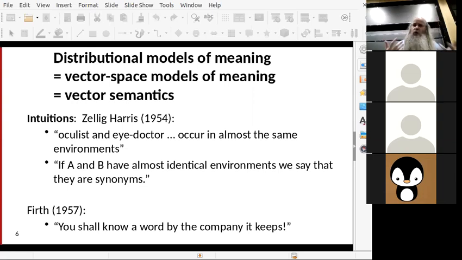So we are going to consider a word's meaning built upon looking at the context that that word actually appears in, and then trying to measure whether these contexts are similar or dissimilar. Okay.